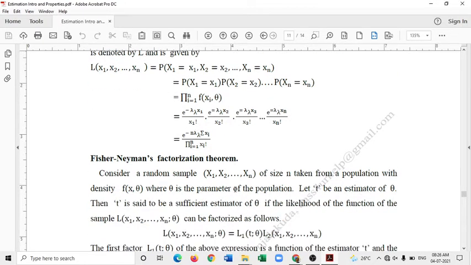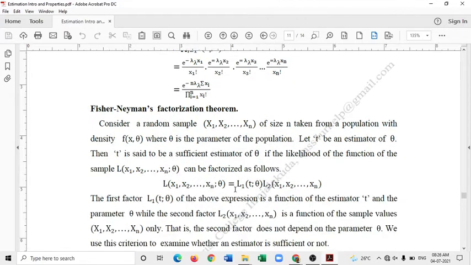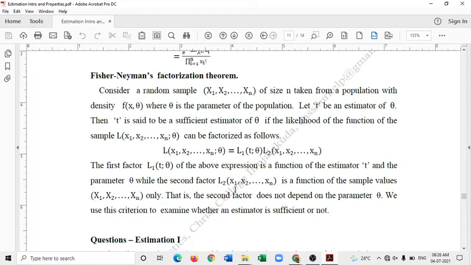Next, we have the Fisher-Neyman factorization theorem, which offers a criterion to examine the sufficiency of an estimator. For that, we have a sample x1, x2, etc., xn taken from a population with the density f(x, theta). Then theta is the parameter of the population and T is an estimator proposed to estimate the parameter theta. We consider the likelihood function of the sample, that is L of x1, x2, etc., xn, comma theta.